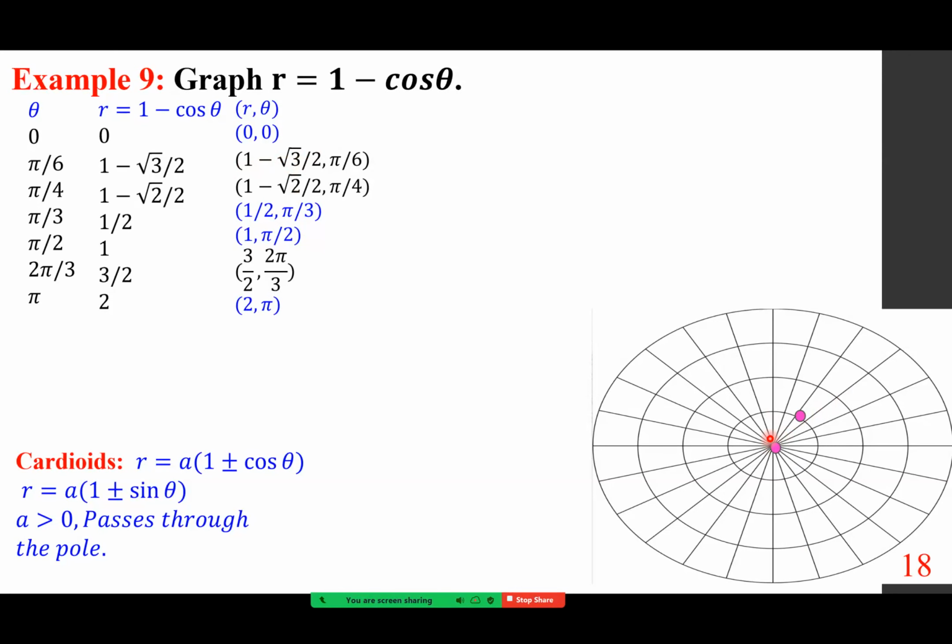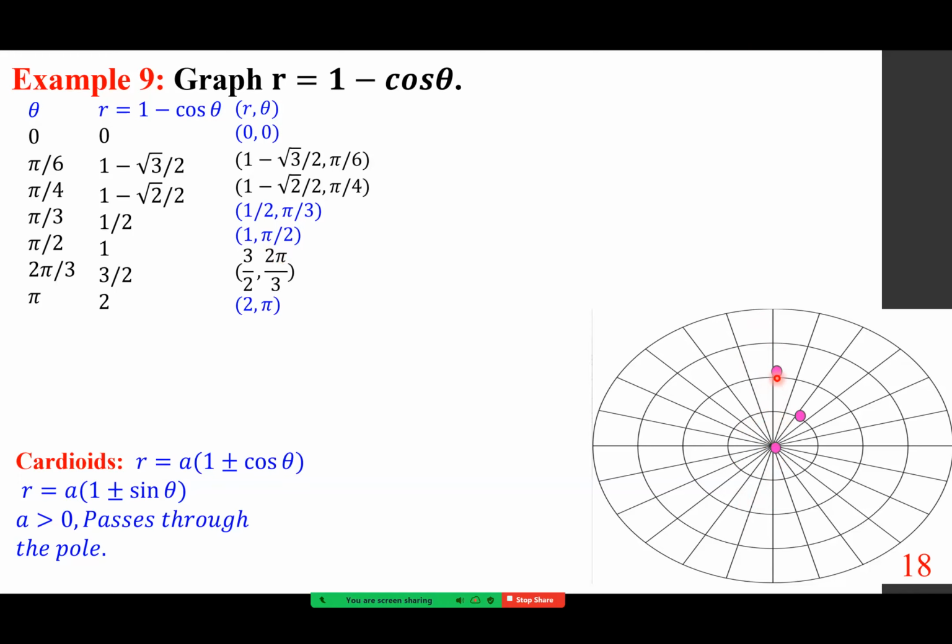We are assuming that each circle represents 1 half, okay, and 2 circles represent 1. The next one is 1 at pi over 2, in essence, along the y-axis. And remember, in this case, we are choosing each circle to represent half.